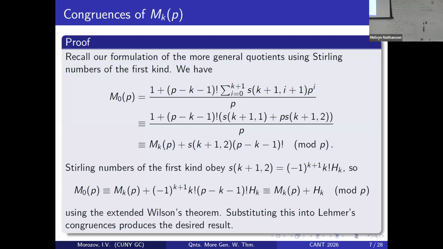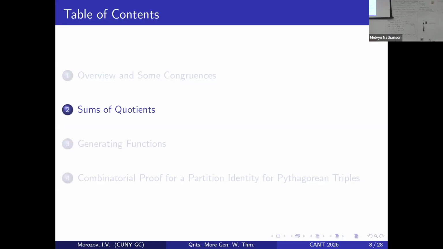And again, we'll reference this expression for this family of Stirling numbers of the first kind. And we get that the more general quotients in Wilson's theorem are just the original quotients minus the kth harmonic number. And then by substitution, we get the congruence that we want.